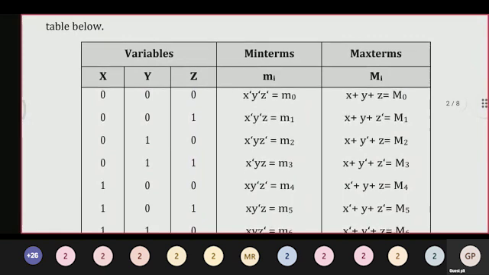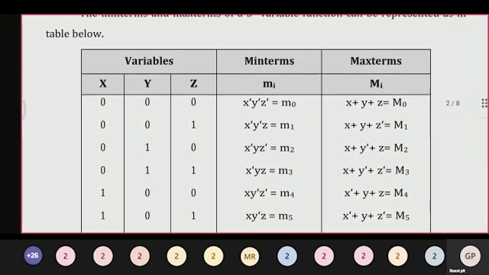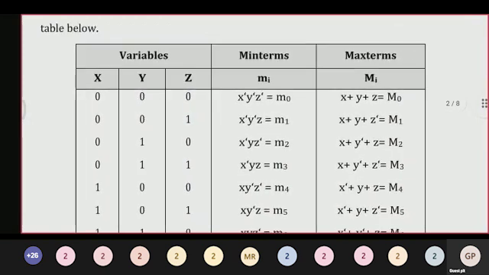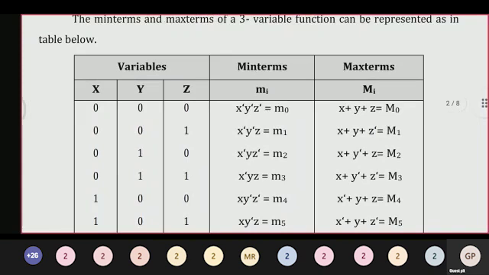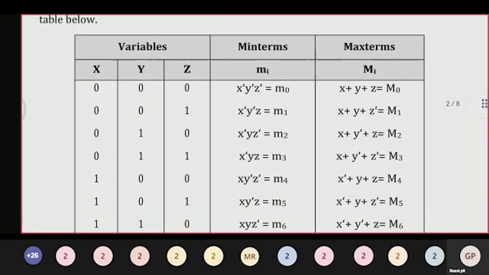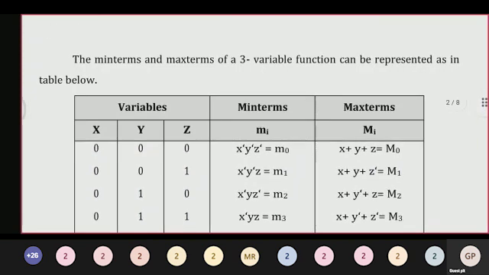In a min term, 0 is represented in its complemented form and 1 is represented in the actual variable, whereas in a max term, 0 is represented in the actual variable and 1 is represented in the complemented variable. First, 0 0 0.